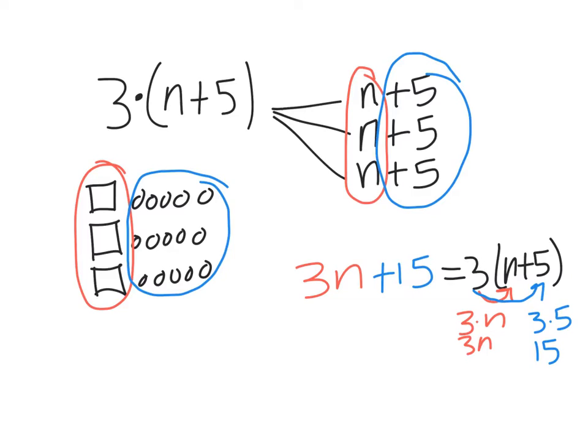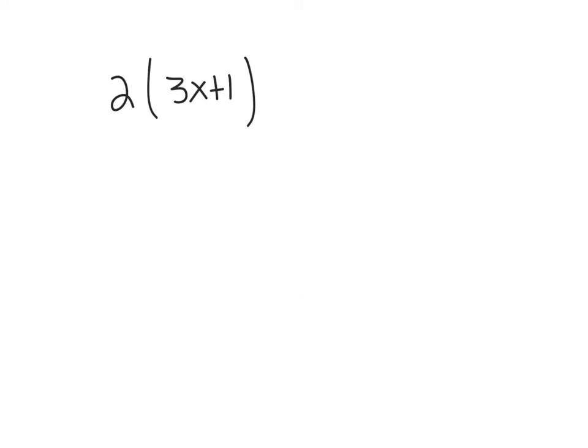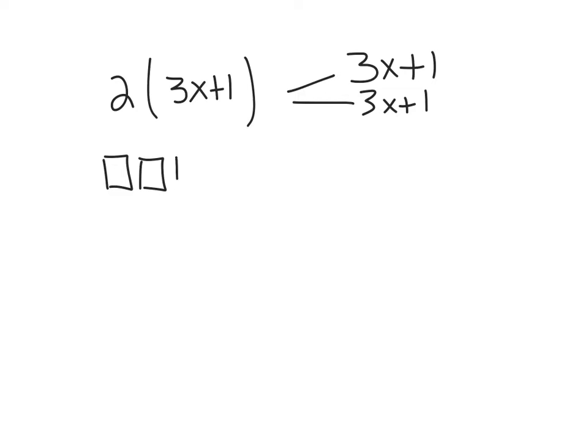Let's look at another example. Let's say that we had 2 times 3x plus 1. Well, we know that means I've got 2 groups of 3x plus 1. And we also know that that could be shown as 3 boxes plus 1 twice.